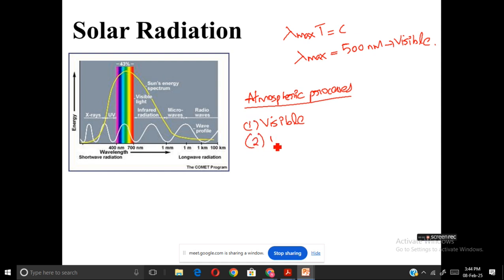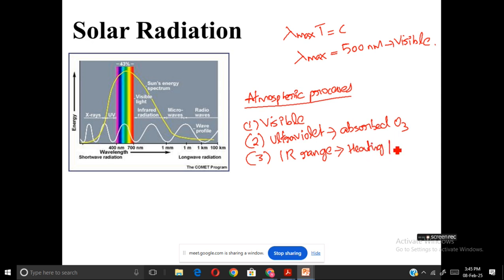The second one is the ultraviolet range of the spectrum, which is basically absorbed by ozone in the atmosphere. The third one is the infrared range, which is basically the reason for the heating or warming that is happening. So this is how the solar radiation spectrum is distributed.